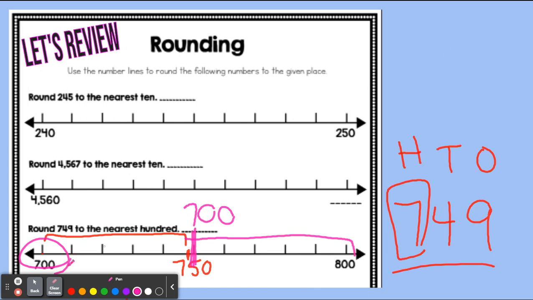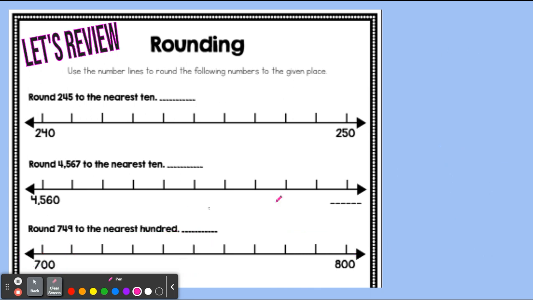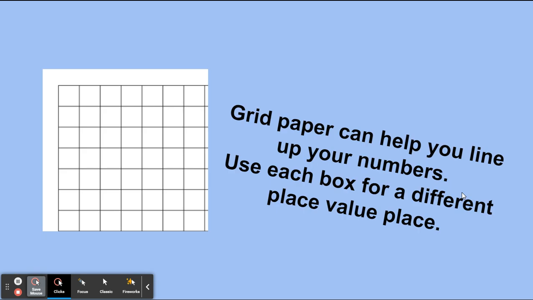All right, so just a little bit of review from third grade and fourth grade of rounding on that. And then let's go to the next slide. In class, we had grid paper, and the grid paper we used to help us with using our, find where my pen went. There it is.